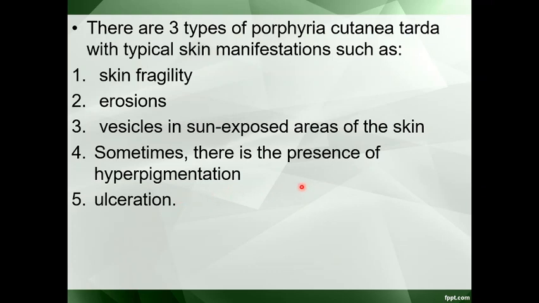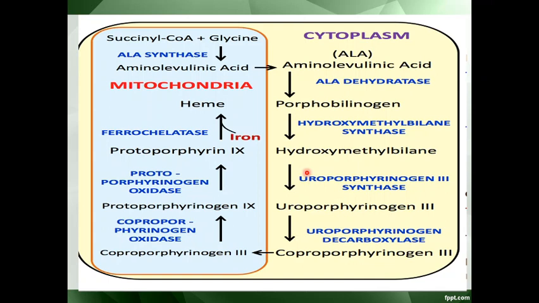If you want to see the deficiency of the enzyme or the substrates and the products, you can go to the diagram. Here you can see the uroporphyrinogen 3 decarboxylase enzyme is deficient, and uroporphyrinogen 3 is not converted to coproporphyrinogen 3.